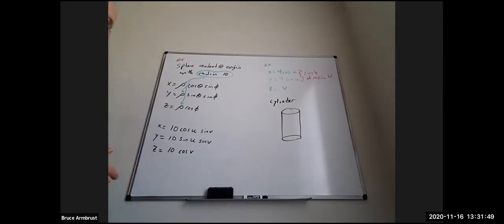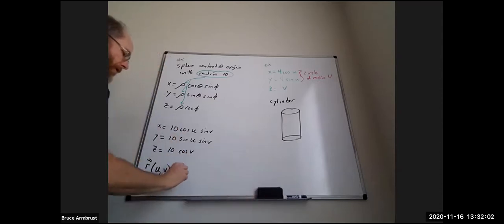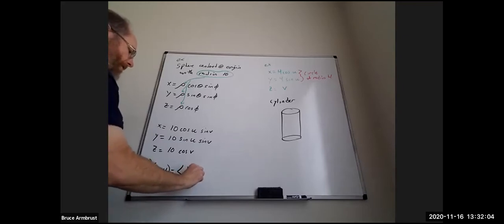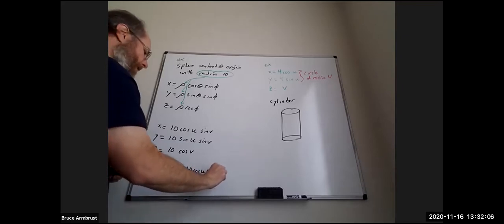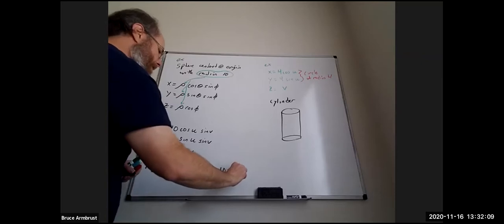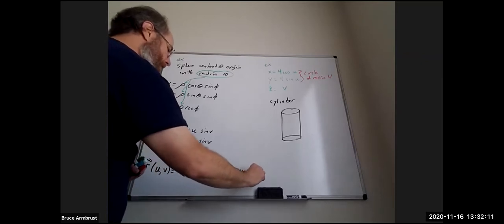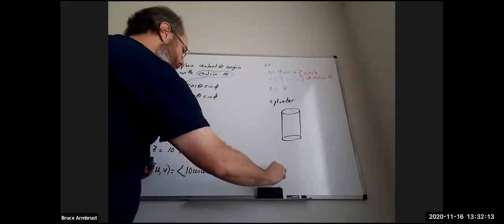So I'm going to describe this surface, instead of writing it like this, as r of u, v. For this one, it would be 10 cosine u sine v, comma, 10 sine u sine v, comma, 10 cosine v.